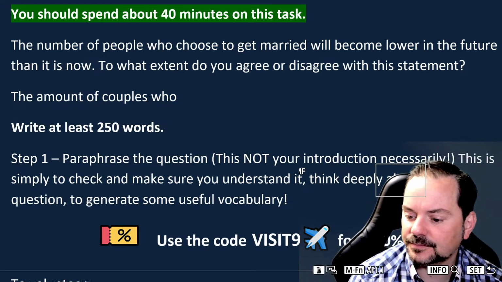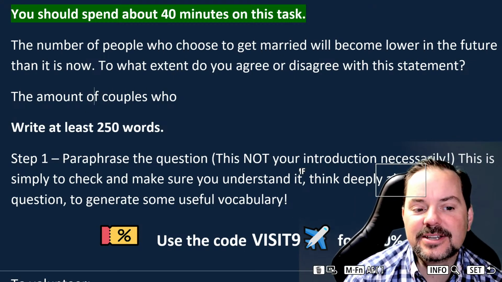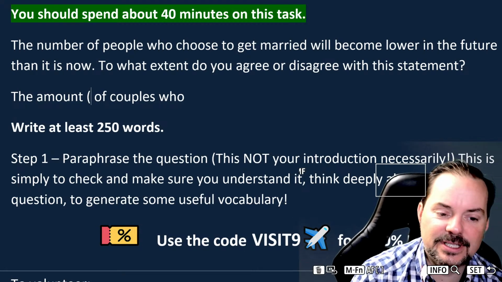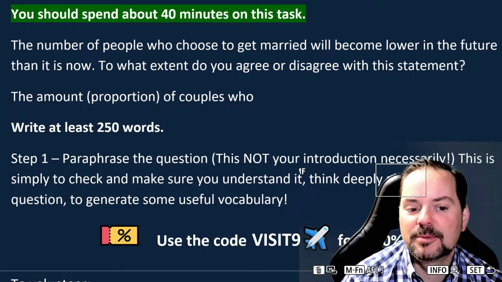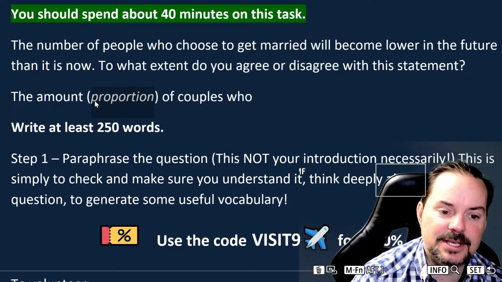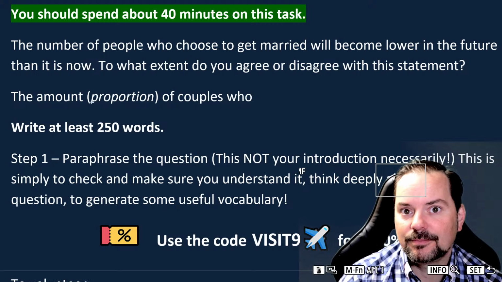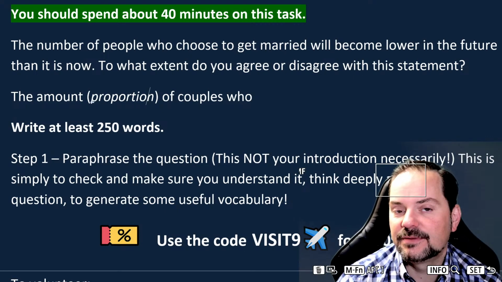Okay. All right, now Ghazi says the proportion, but does number mean proportion? Not really. So proportion is kind of a strange one. We'll talk about that, Ghazi, because number and proportion are two different concepts, right?